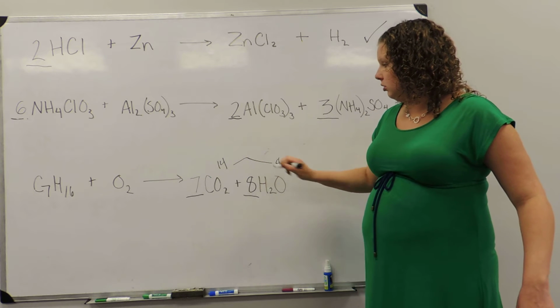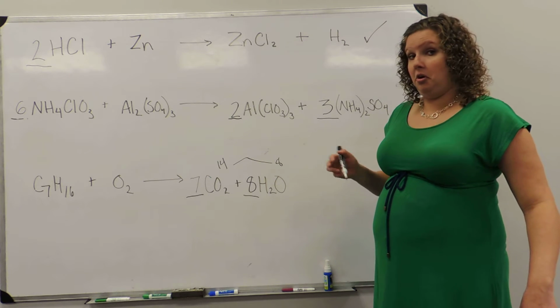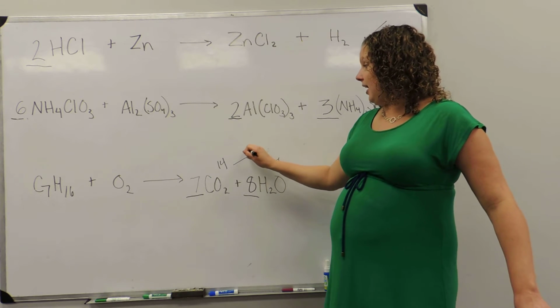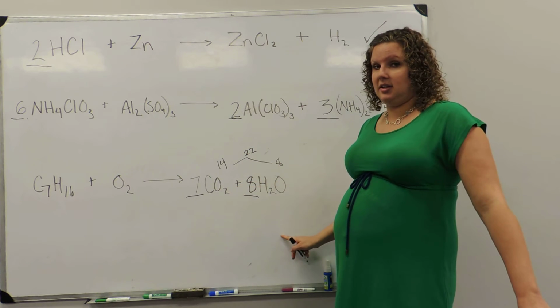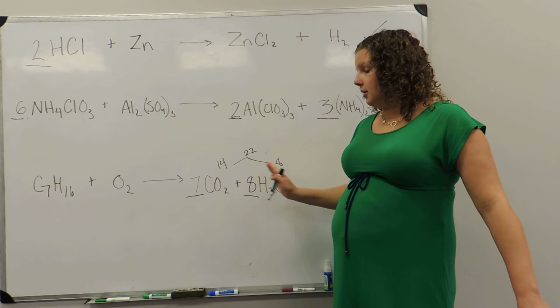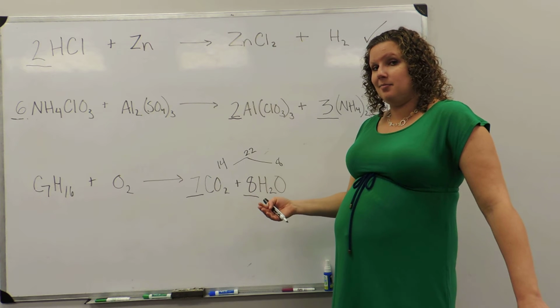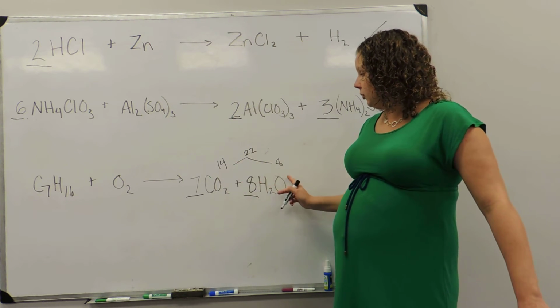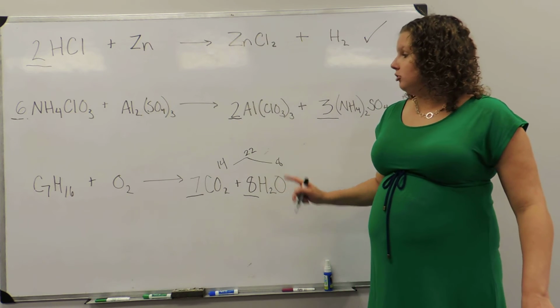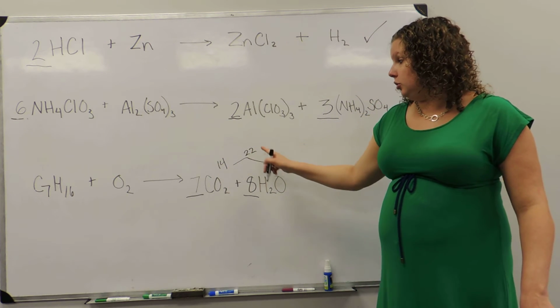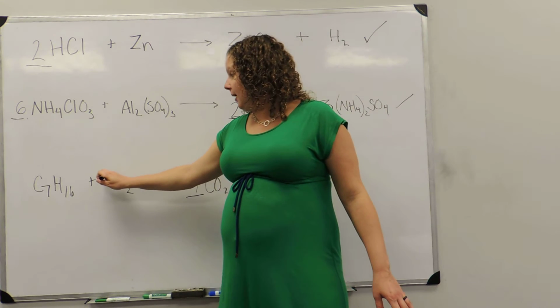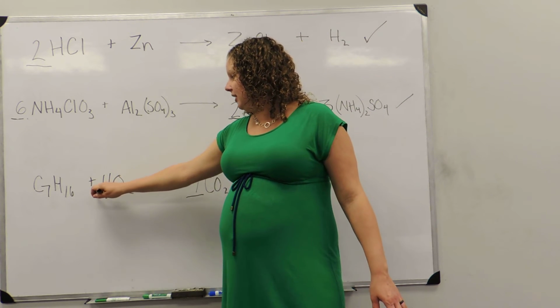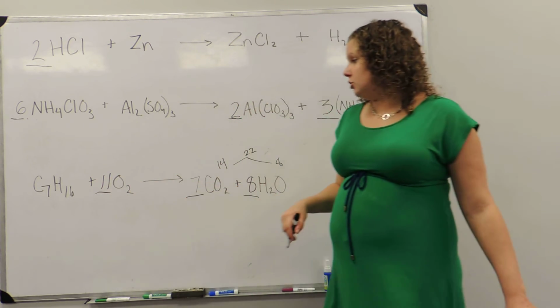So that means total, if I can do my math correctly, I believe I have 22 oxygens on this side. This is why it's a little harder when it appears in 2 places because you need to add them together for your total number of atoms. So I have 22, 14 plus 8. Okay, so I need to make O2 equal to 22. Hopefully you can see I put an 11 in front of it because 11 times 2 is 22.